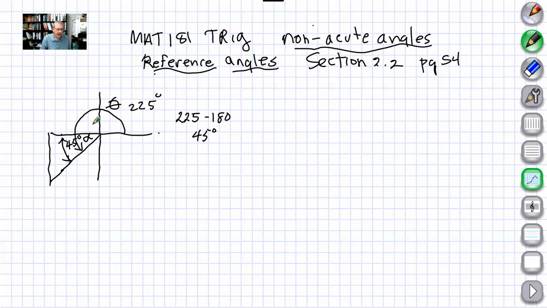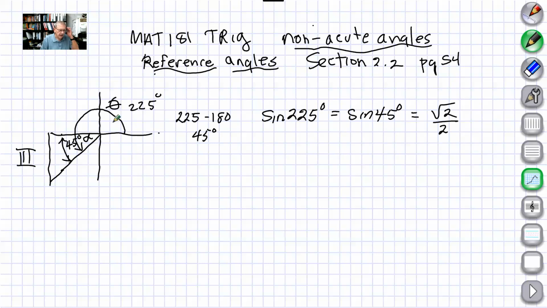So if I wanted to find the sine of 225 degrees, it would be the same as the sine of 45 degrees. And if I use that handy dandy little chart that I told you to work on last time, the sine of 45 is radical 2 over 2. But wait, 225 is in what quadrant? The third quadrant.